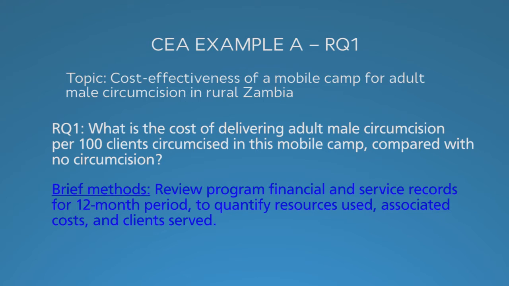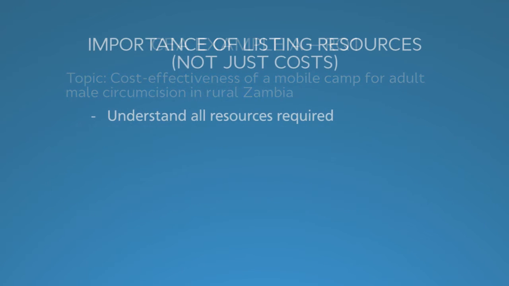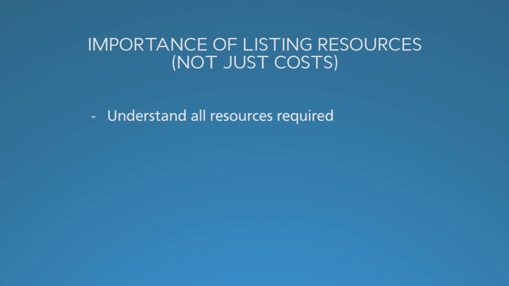We need to know what program inputs go into that cost amount. How many circumcision surgical kits? How many hours of surgeon and nurse time? How much building space, etc. This detail provides useful information and also validates the cost estimates. Thus, we always specify and quantify the resources used.